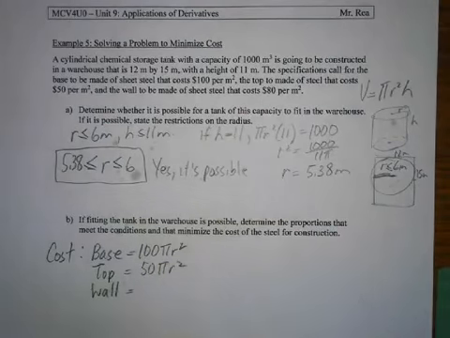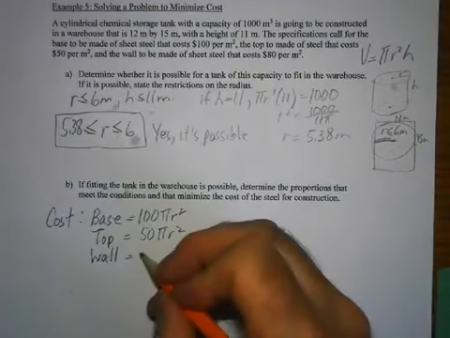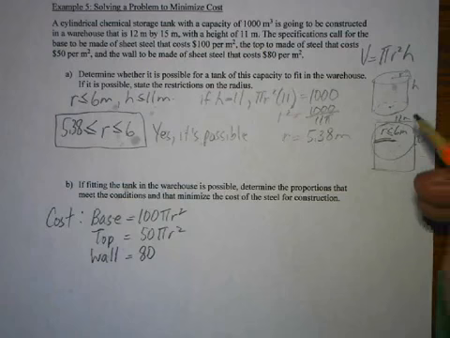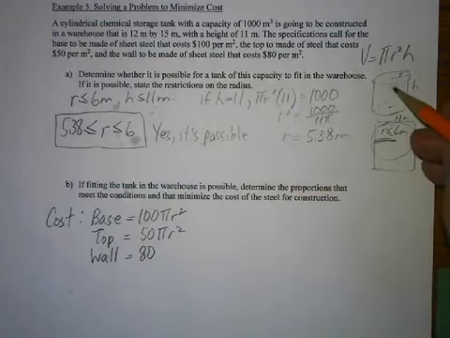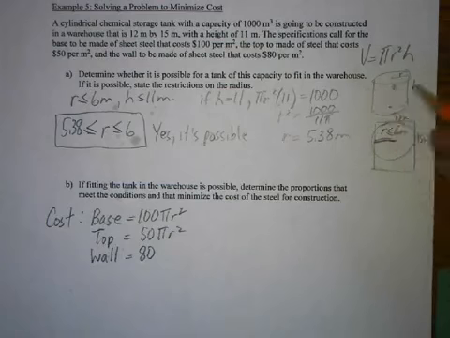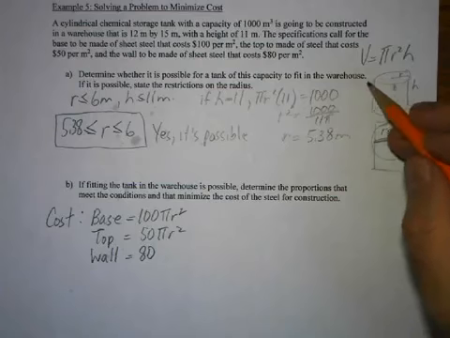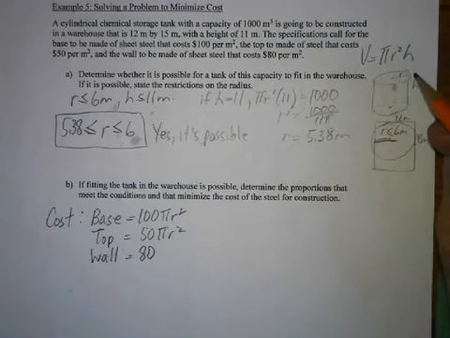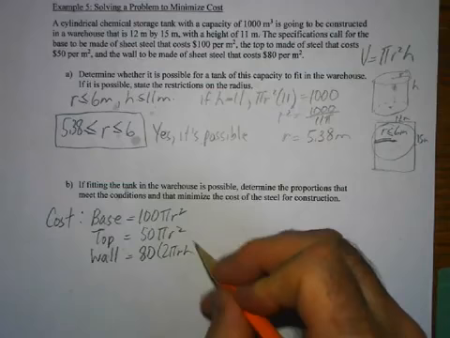Okay, and then the wall's the trickier one. The wall is $80 per square meter. If you cut the wall, it's basically a big rectangle. The top part is 2 pi r, and then the height is h, so it's 2 pi r h square meters for the wall, times $80 per square meter.